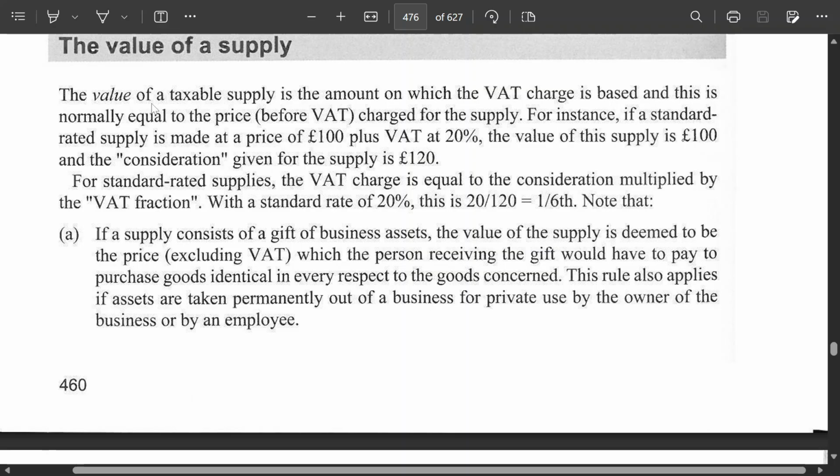The value of the supply is the amount on which the VAT is charged. This normally will be the price before VAT, or the VAT exclusive price. So the value of a supply can also be called the VAT exclusive price.